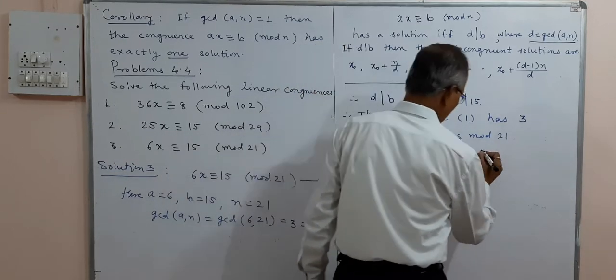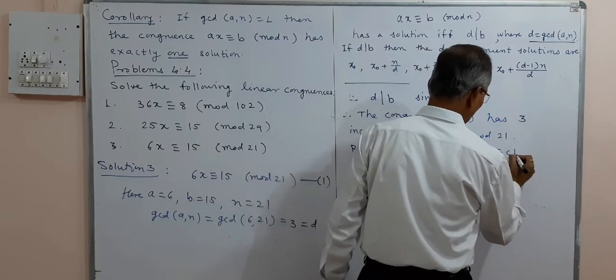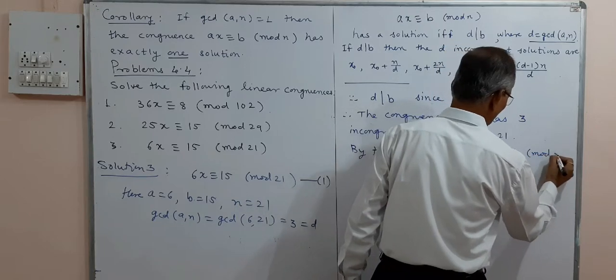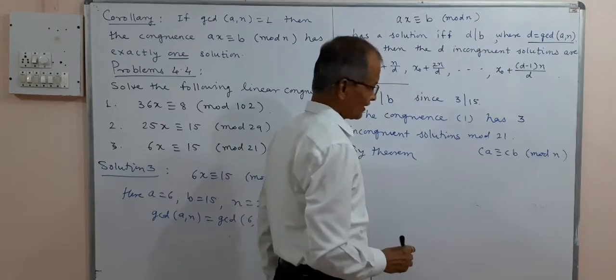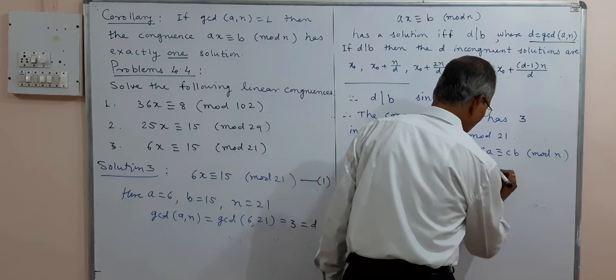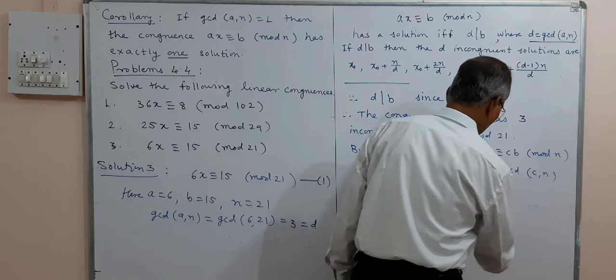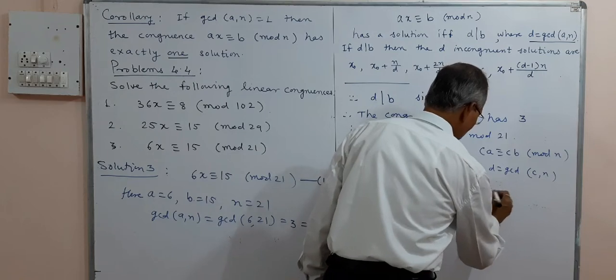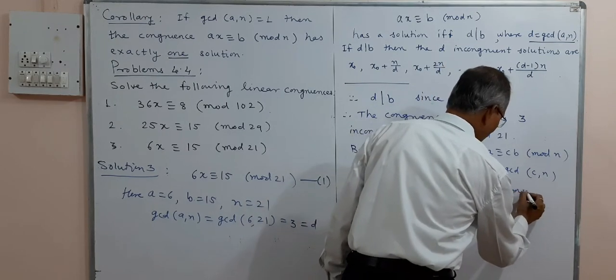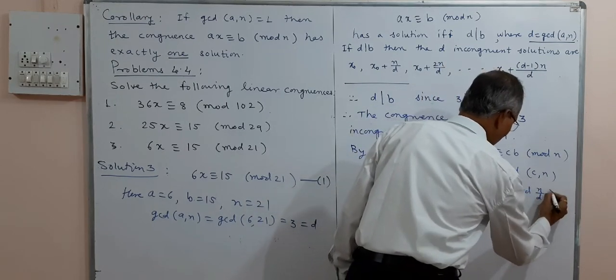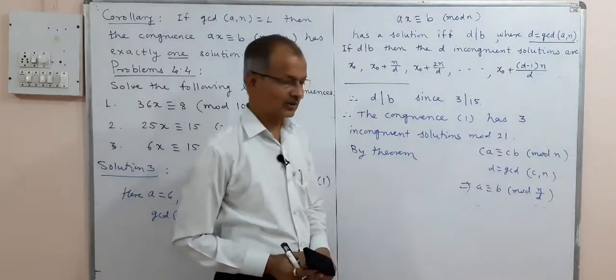If CA is congruent to CB modulo n, and if D is the GCD of C and N, then this implies A is congruent to B modulo N divided by D. That is theorem 3.